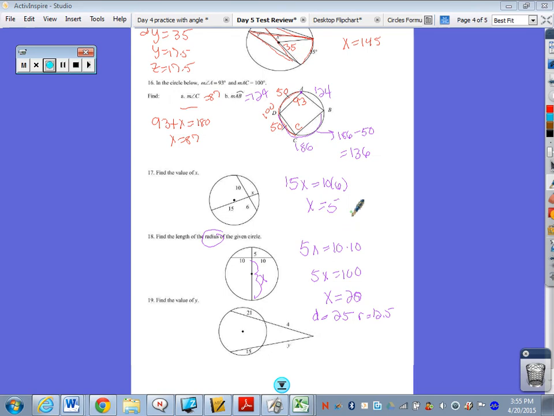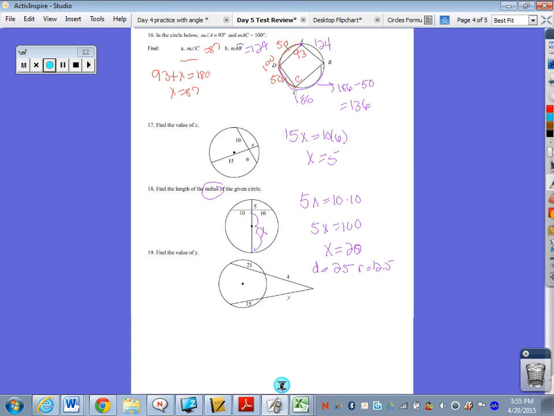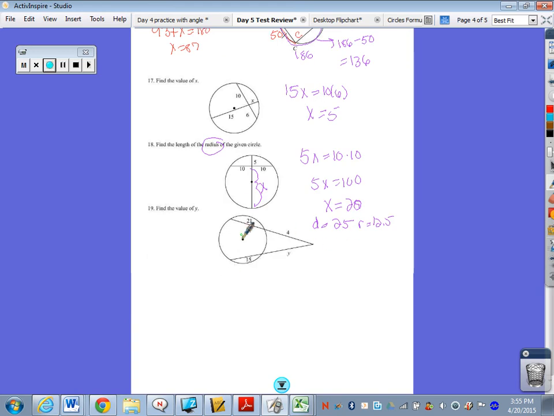Okay, so for number 19, we're going to find the value of y. For this one, we have two secants. For two secants, we're going to do the outside times the whole is equal to the outside times the whole. So for this top secant, the outside is 4 because it's outside the circle, and then I'm going to do 4 plus 21.